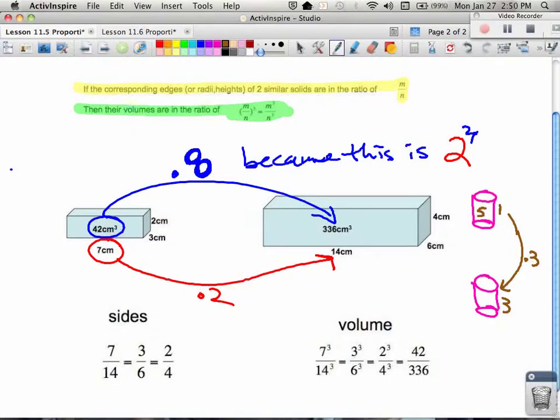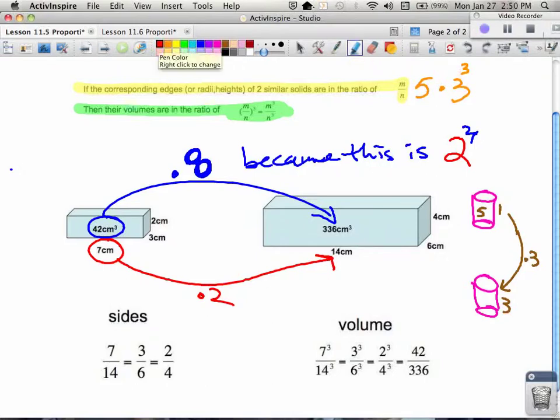In order to find the volume of the second cylinder, what I would have to do is take the volume of the first one, which was 5. I'm looking up at the top now here to write this down. So I take the volume of my first cylinder, 5, and I multiply it by my 3, and I would have to cube that. So I'm going to highlight each of these so you can see where they're coming from.